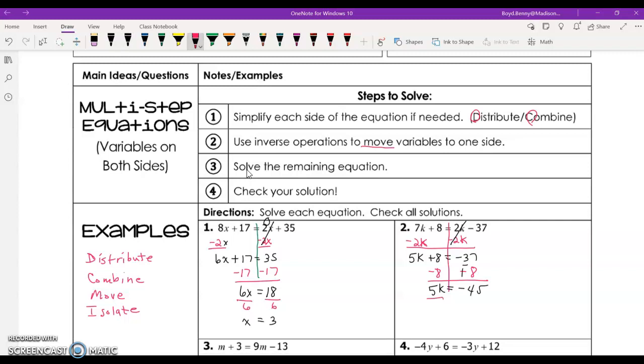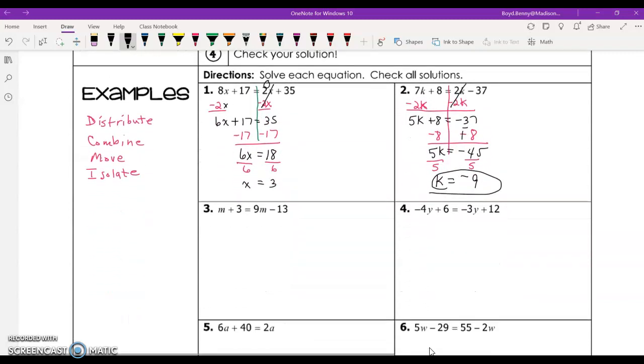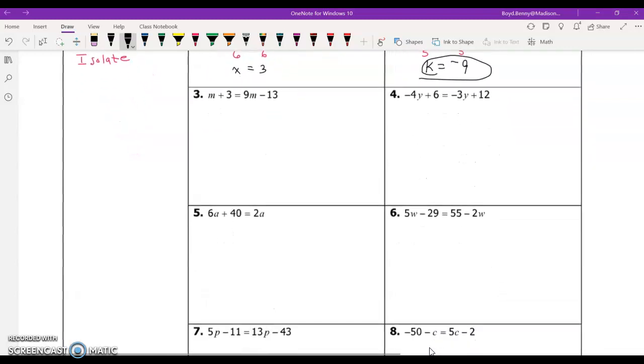Next, I'm going to divide by 5 to undo the multiplication. And that's going to leave me with k equals a negative divided by a positive is a negative answer. 45 divided by 5 is 9. So k equals negative 9. Okay, let's move on down to the next one.